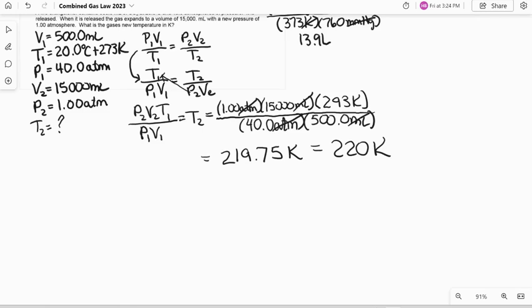And I always use my raw answers. So it'd be 219.75 minus 273 for negative 53.25. To 3 sig figs, it's negative 53.3, which is very cold.